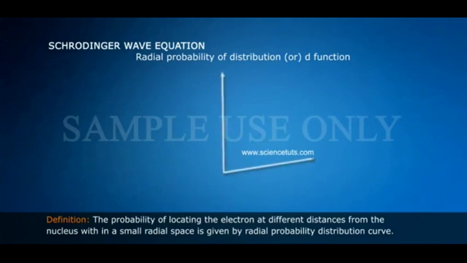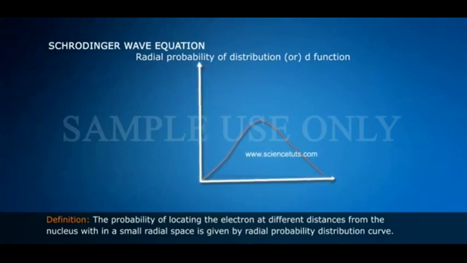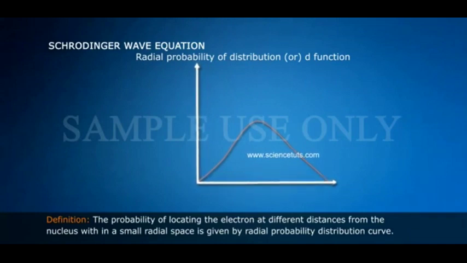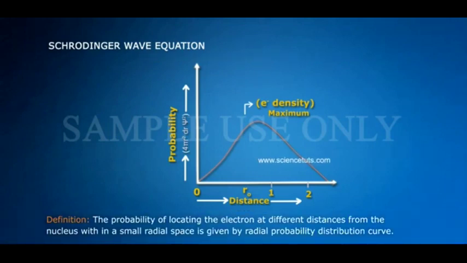Radial probability distribution, or the D function. Definition: the probability of locating the electron at different distances from the nucleus within a small radial space is given by the radial probability distribution curve.